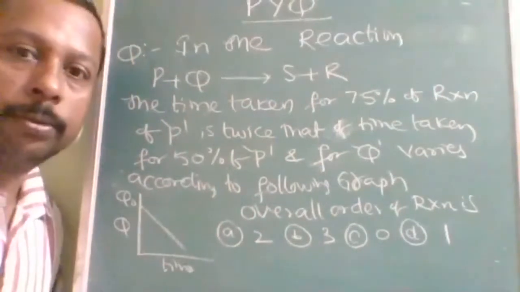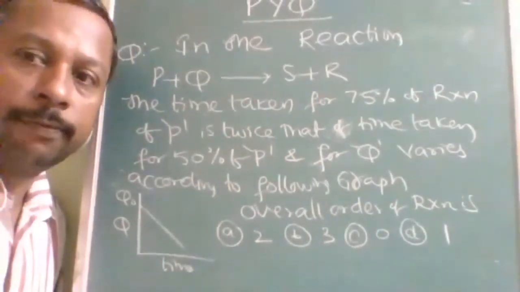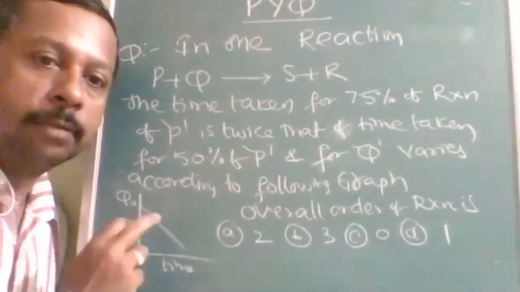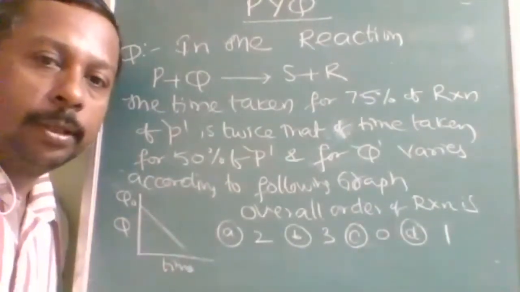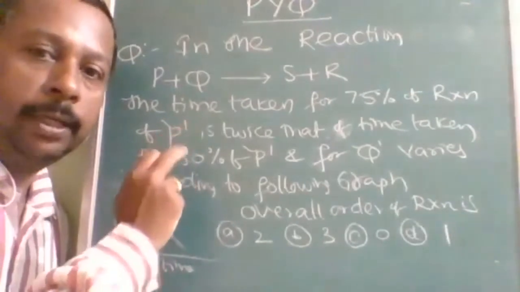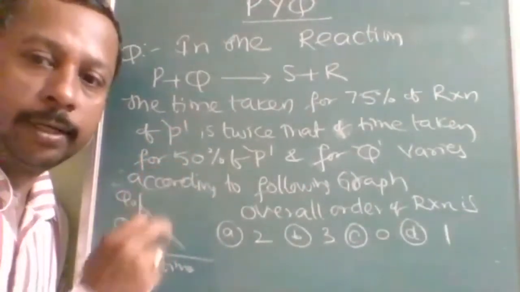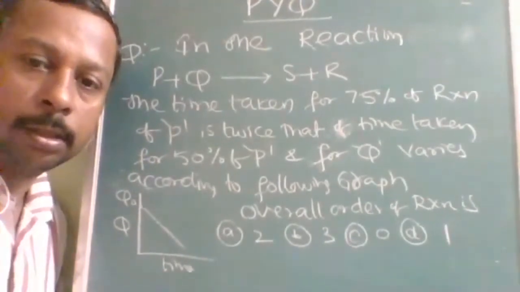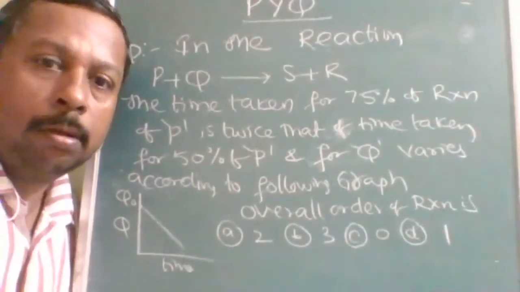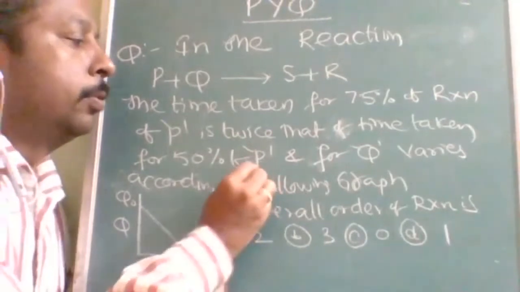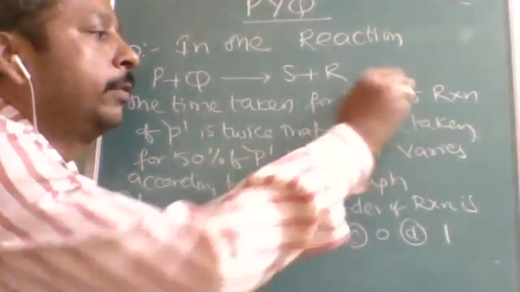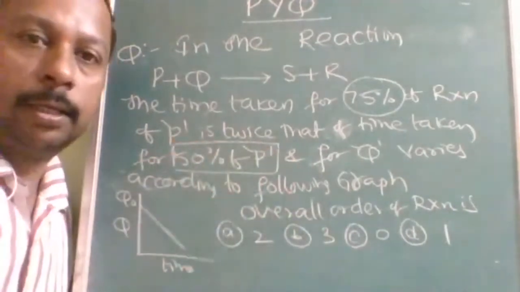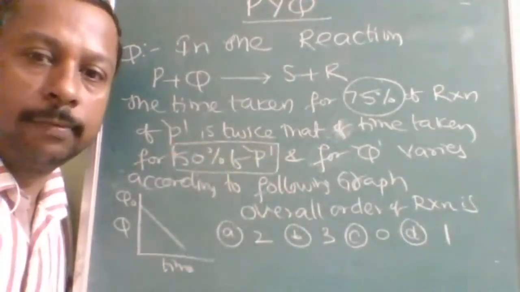Okay, so in this reaction there are two different pieces of information given, for P as well as for Q. The information about P is that the time taken for 75% of the reaction is equal to 2 times the time taken for 50% of the reaction.